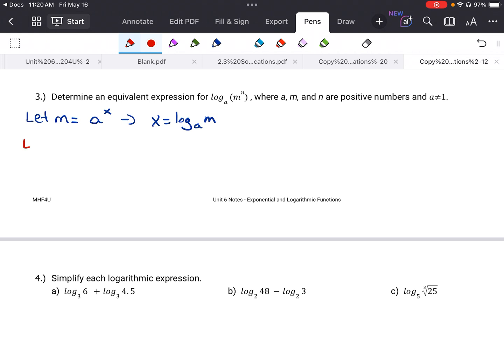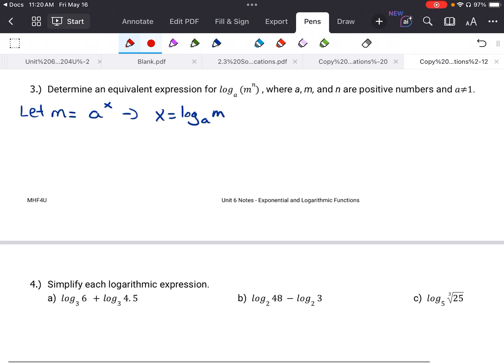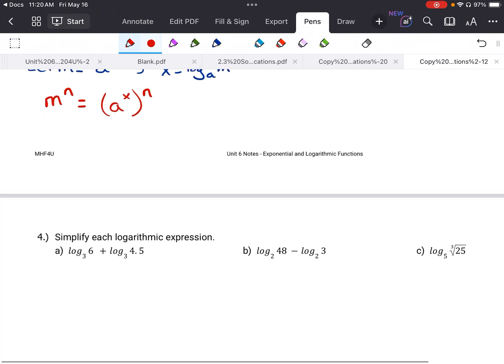We don't even have to let n because it's not a log of n. So we have m to the power n in our original equation, which is equal to a to the power x, to the power n. So a to the power x to the power n becomes a to the power n times x, or x times n.